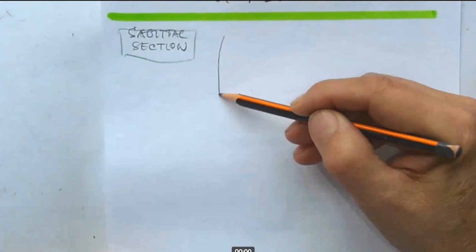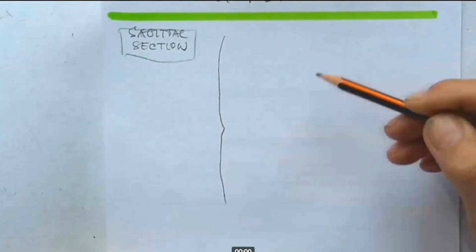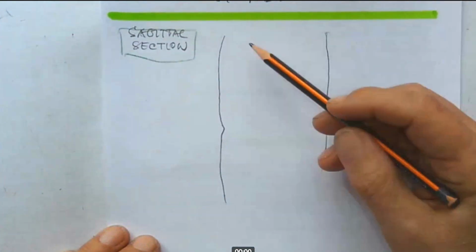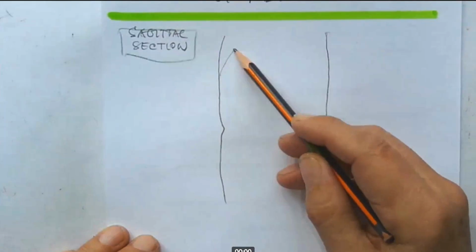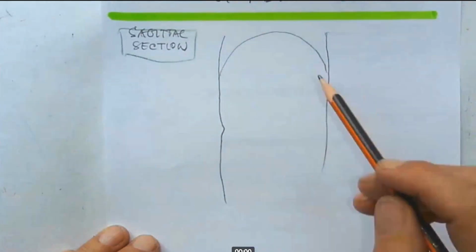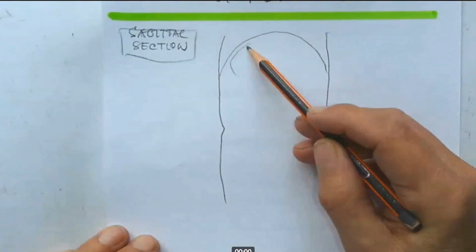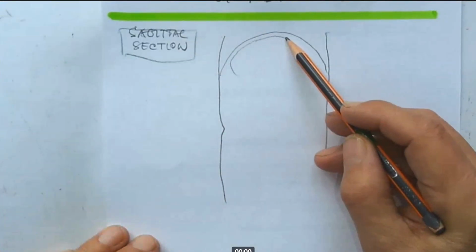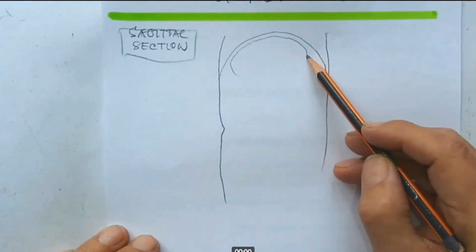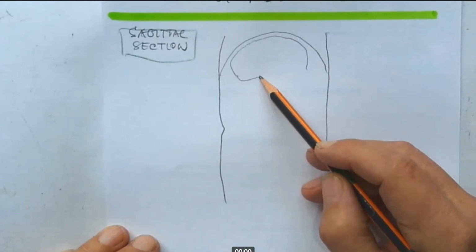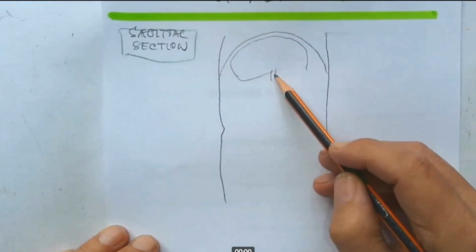Just outlines: the anterior wall of the abdomen with the umbilicus, the posterior wall without any details, we don't need anything. Then the position of the diaphragm, the arch of the diaphragm, and then the liver. Of course, I'm leaving space, which is better for educational, pedagogical reasons.